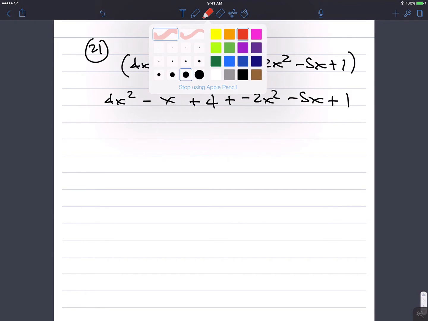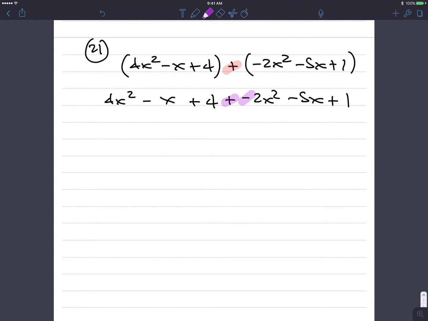Now remember, when I add a negative over here, that's the same as just simply subtracting. The addition of a negative is subtraction. So this is 4x squared minus x plus 4 minus 2x squared minus 5x plus my 1.